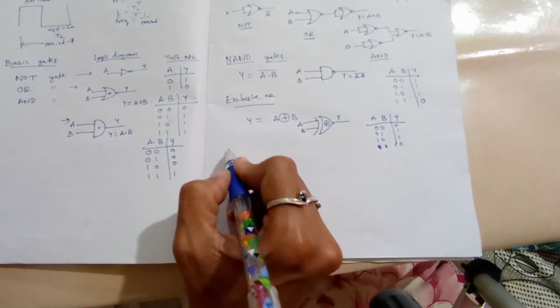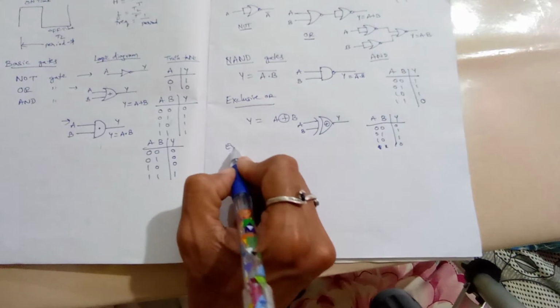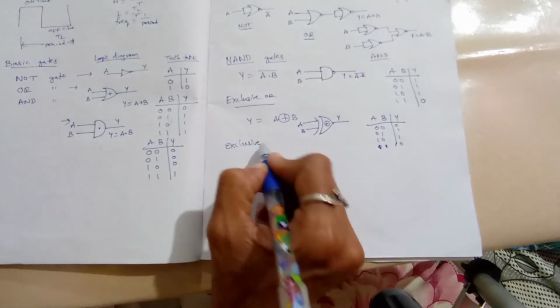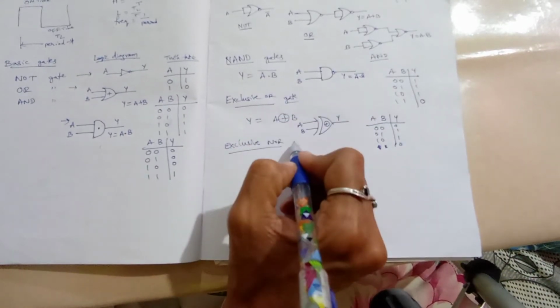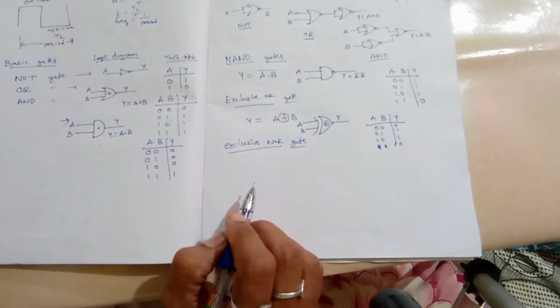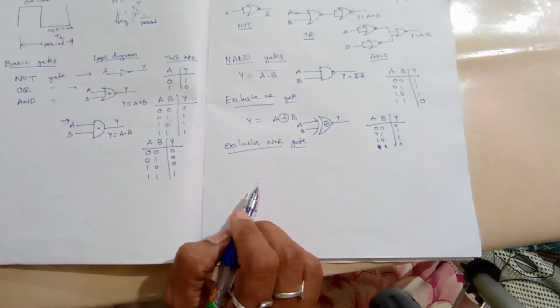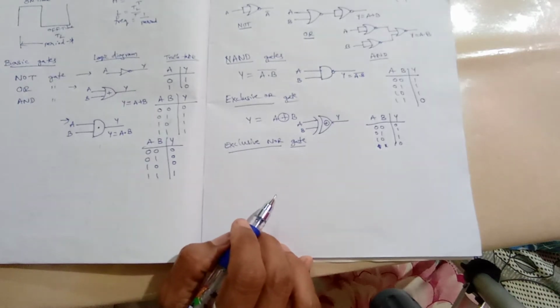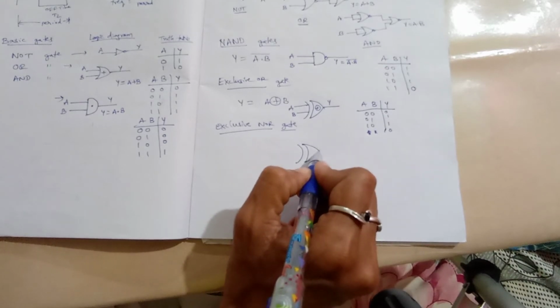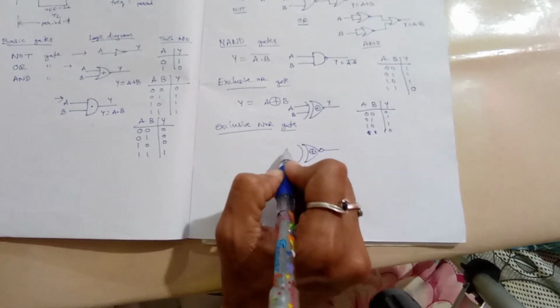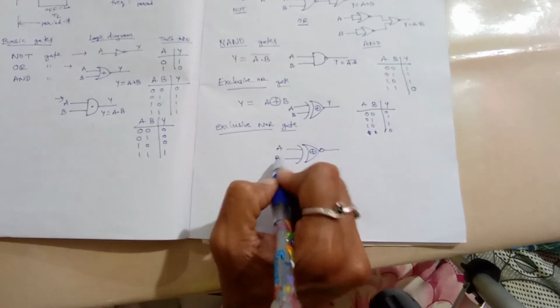And same as exclusive NOR. Exclusive NOR gate. This gate again is having two or more inputs and the output is high only when the number of high inputs is even number, reverse. So bubbled with exclusive OR is exclusive NOR. Here you need to use bubble and the symbol is this with bar.